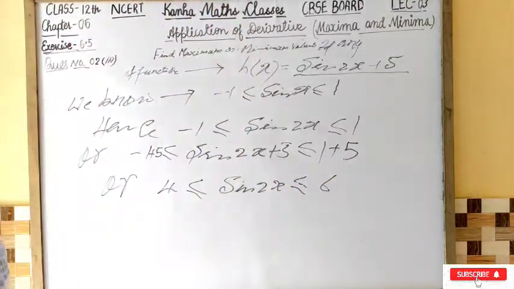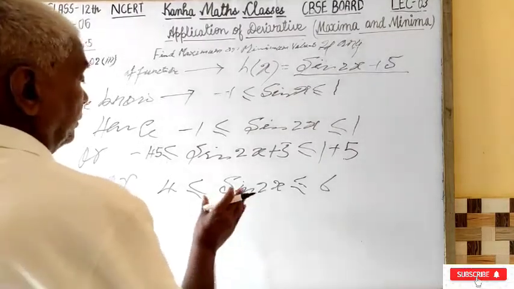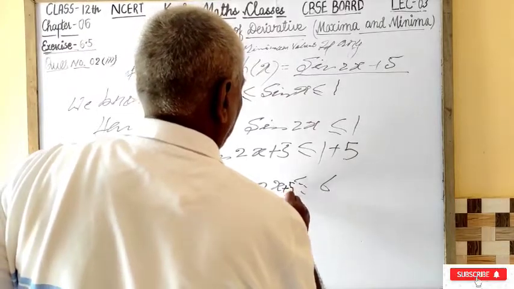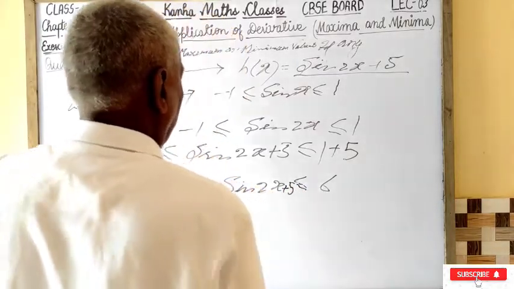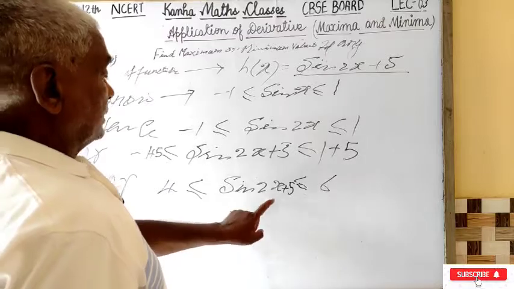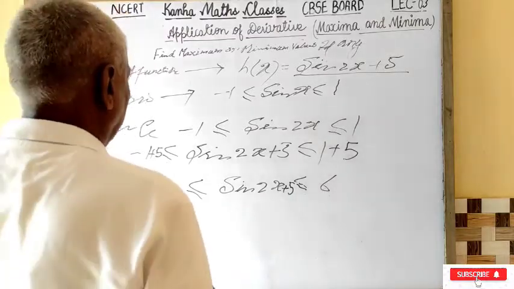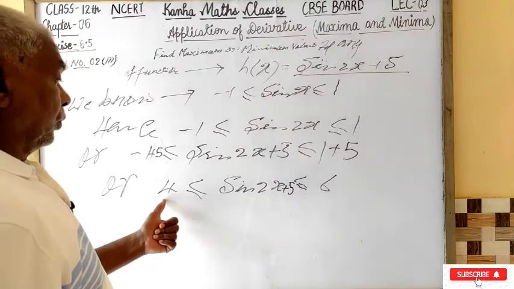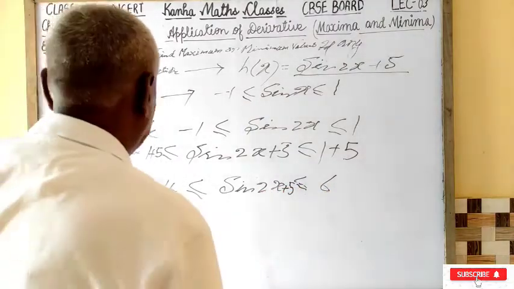Here in this discussion we see that the minimum or maximum value of sin 2x plus 5 is situated here. The minimum value is 4 and maximum value is 6.